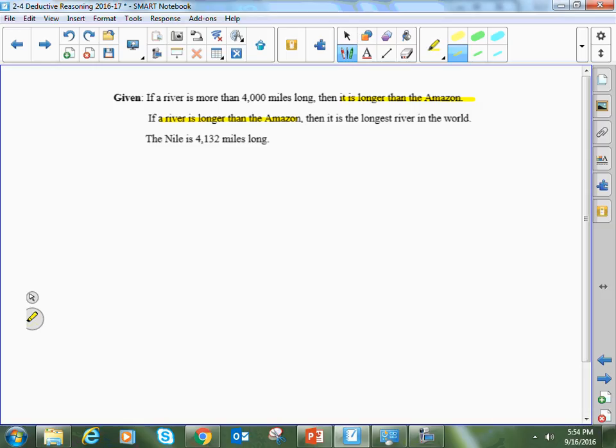That allows me to make a conditional statement using the hypothesis here and the conclusion here. Because those two match, that gives me my final statement here.